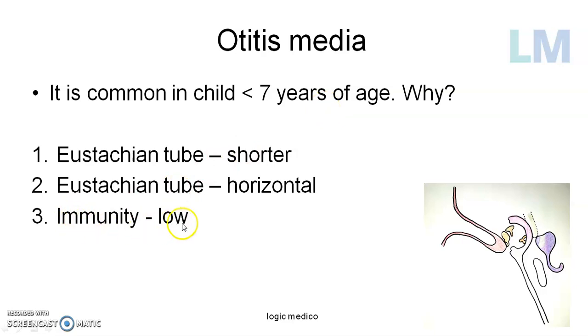So their immunity is extremely low, so they are susceptible to infections. So few authors argue that it is not the eustachian tube which is causing it, it is the immunity. So as a student, you have to agree with all this because we are students. So eustachian tube is shorter, eustachian tube is horizontal, and the immunity of the child is low. All these three reasons result in otitis media in pediatrics.